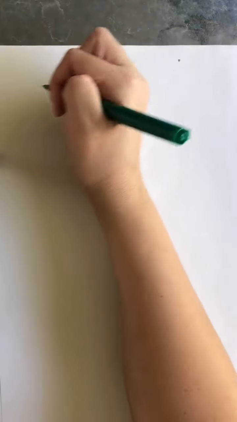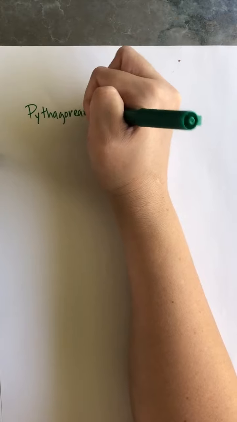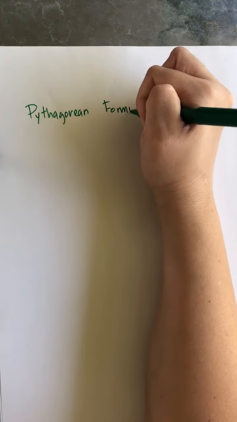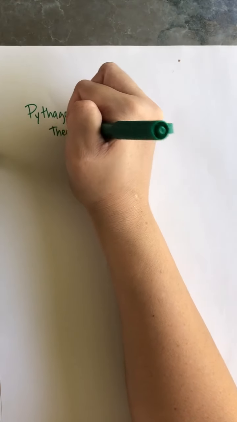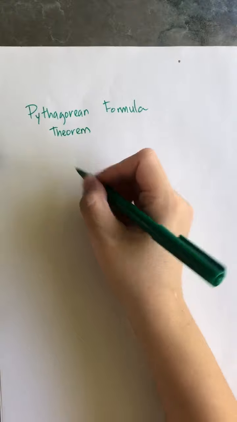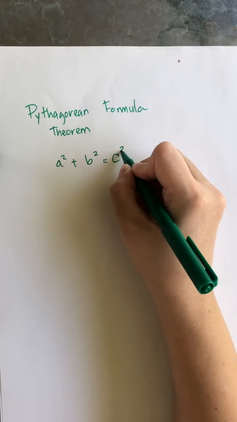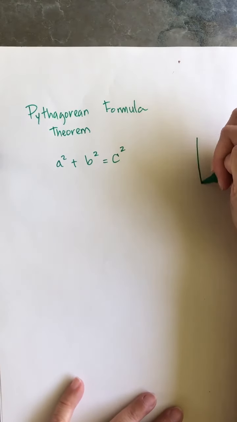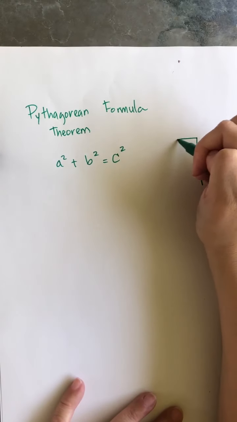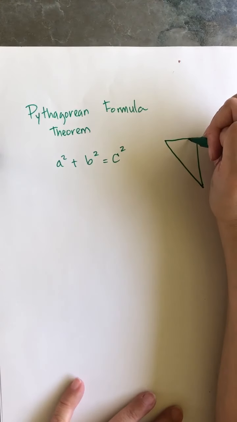With the missing sides of the Pythagorean theorem, the formula is a squared plus b squared equals c squared, right? And so let me say I gave you a triangle, and I need to find the missing side.